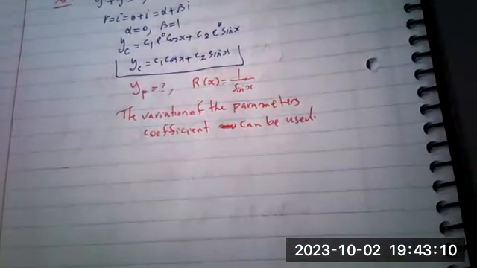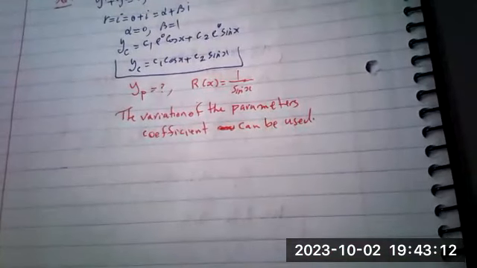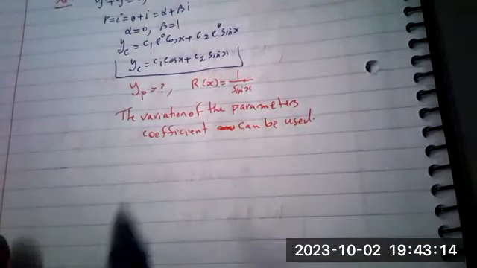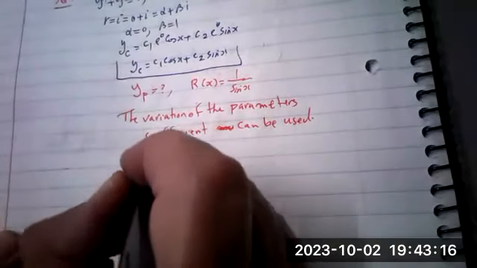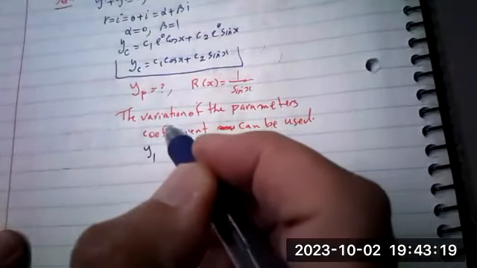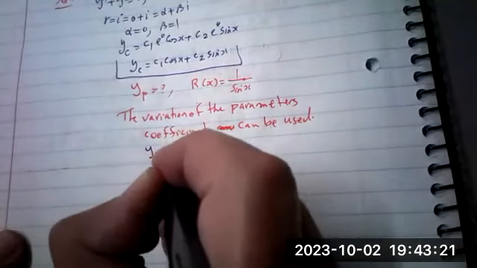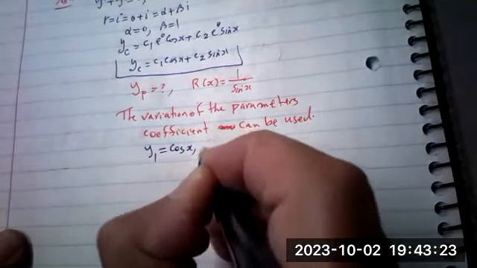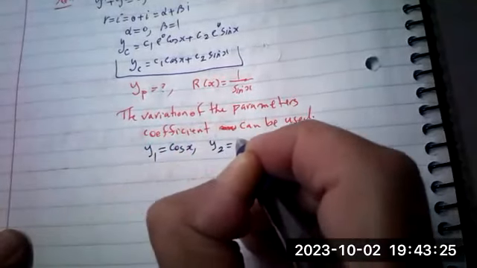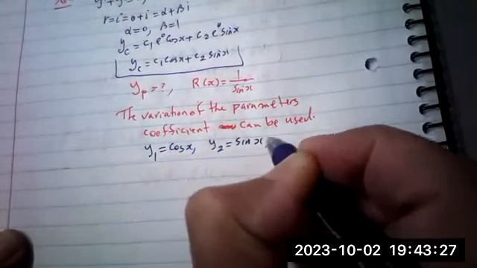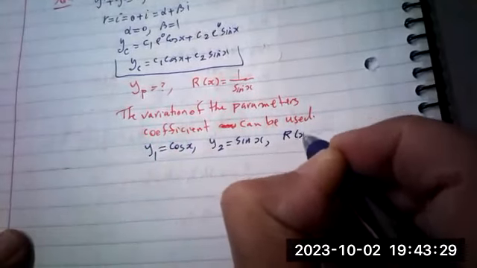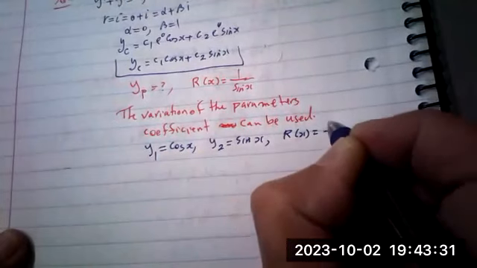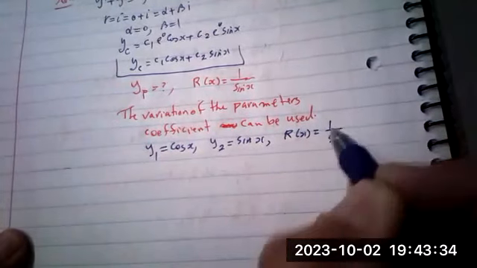So pick your choices. Pick y1; it doesn't matter which one it is. I pick y1 to be cosine x and y2 to be sine x. You already checked that r of x equals 1 over sine x.